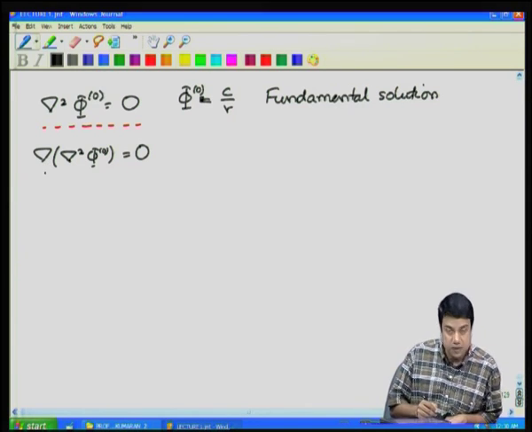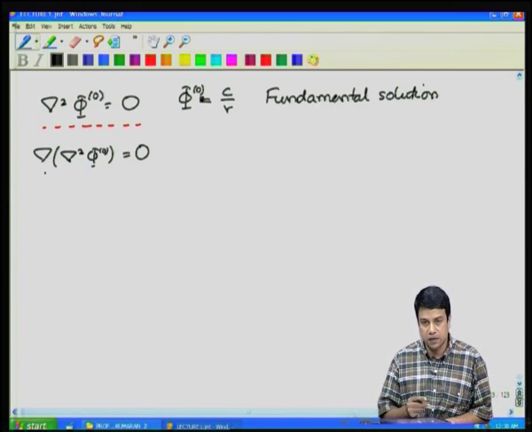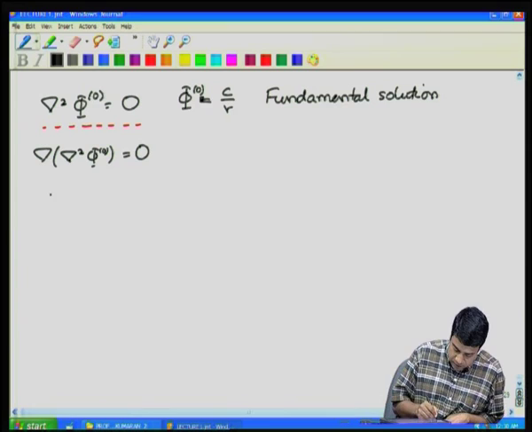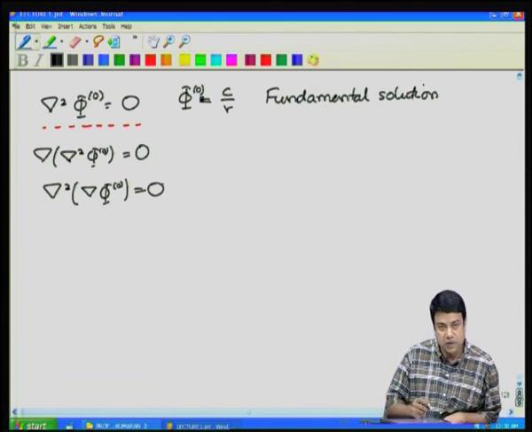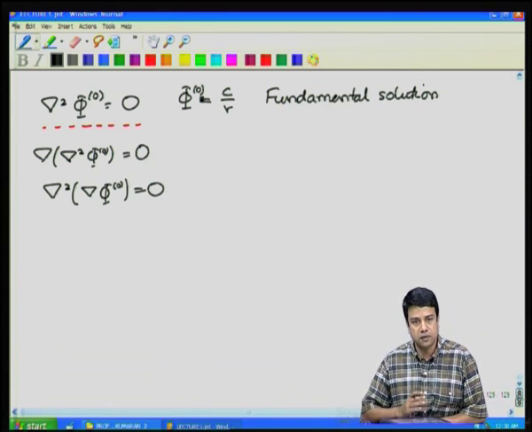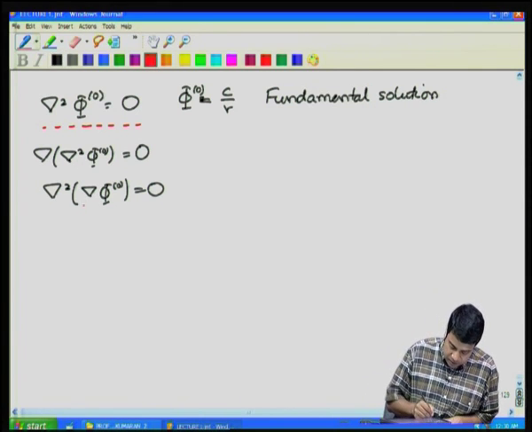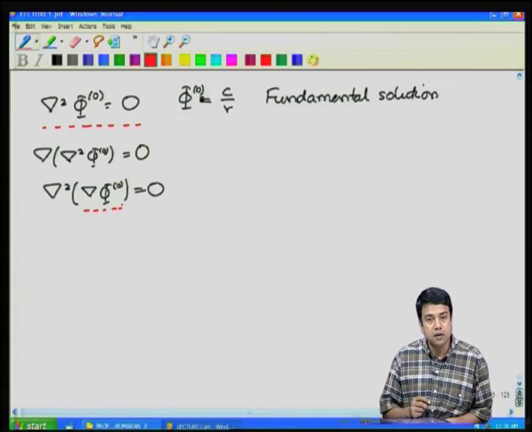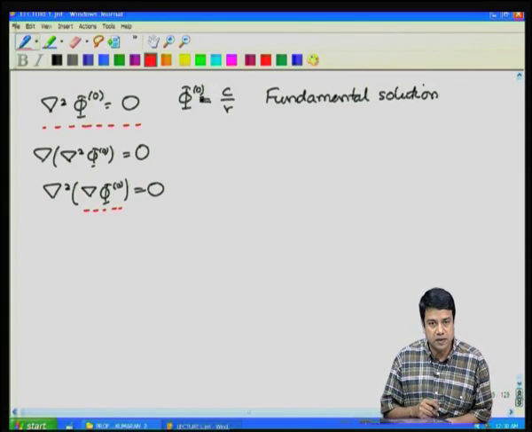I can rewrite this, interchange the order of differentiation, that is always possible. So, I will rewrite this as del square of grad phi naught is equal to 0, interchanging the order of differentiation. That means that this term in the brackets here is also a solution of Laplace equation.